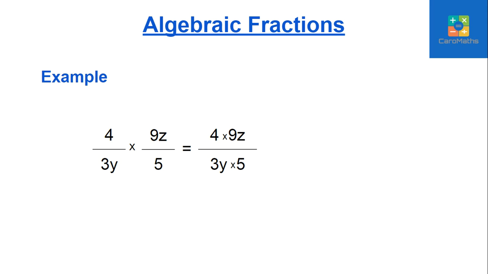We can cancel the 9 and the 3 because they're both divisible by 3. So if we cancel the 9 and divide it by 3, we're left with a 3. And if we cancel the 3 divided by 3, we're left with a 1. And now we've simplified this, we can reach our final solution, which is 12z over 5y.